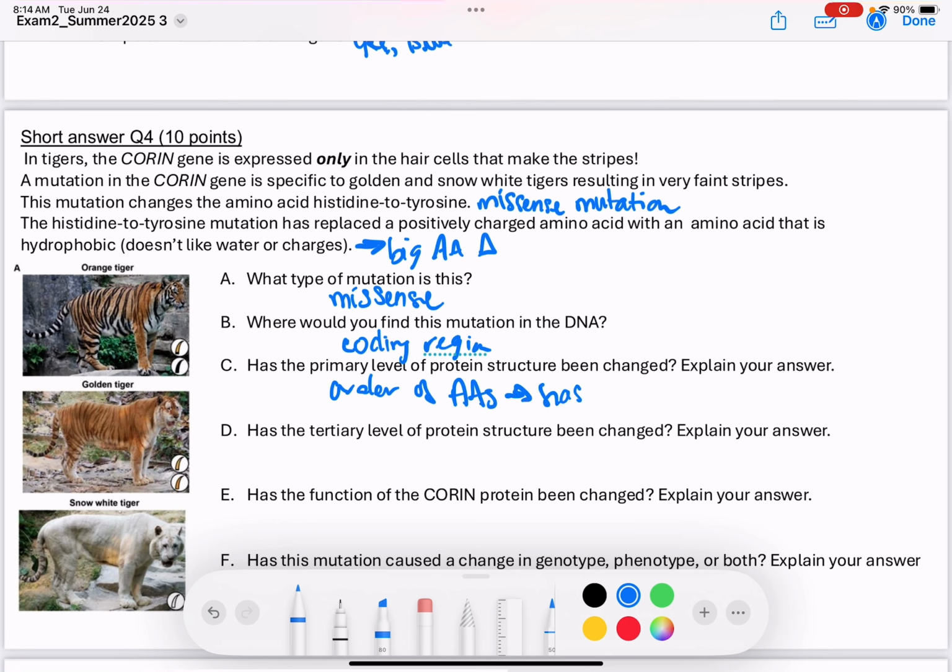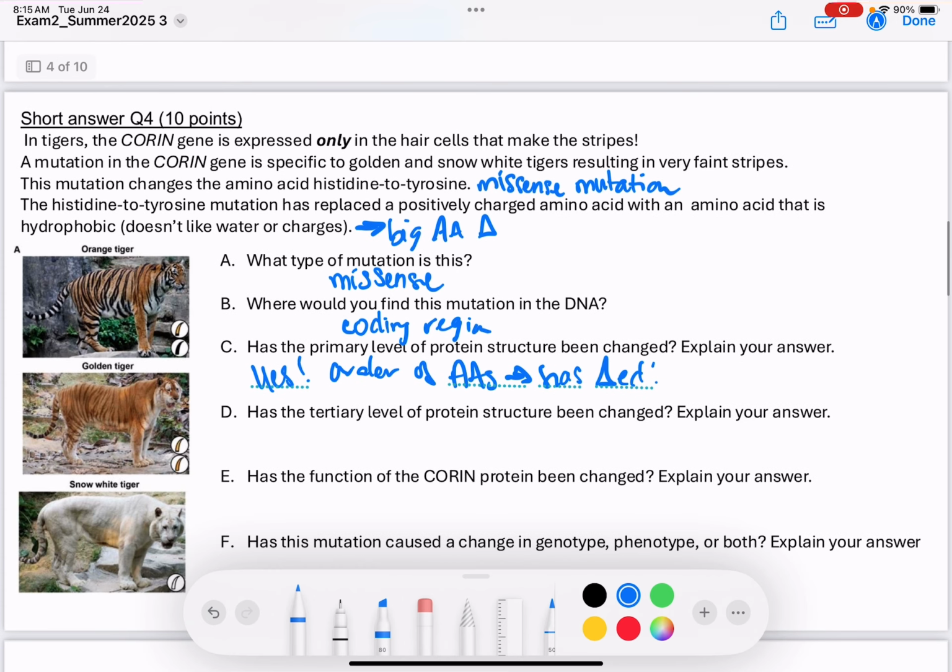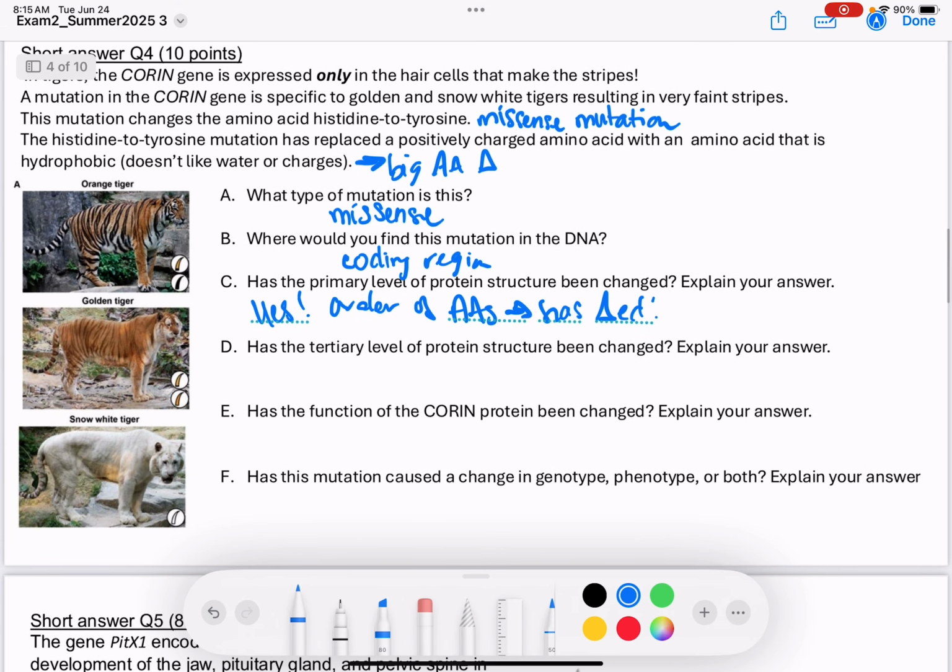And that has changed. So yes. So since the order of the amino acids has changed, we have had a change in the primary level of protein structure.